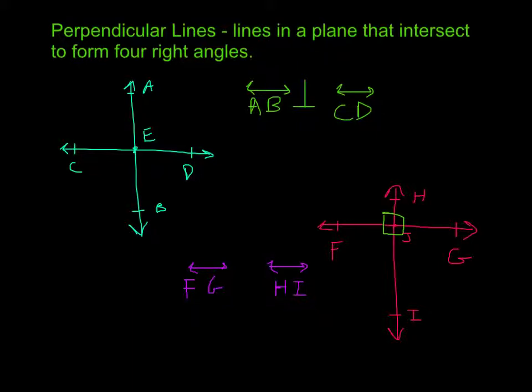So once again, the perpendicular sign is an upside down T. It gives us an upside down T there for perpendicular. And that just lets us know they're perpendicular, which means as they cross, they form 4 right angles.